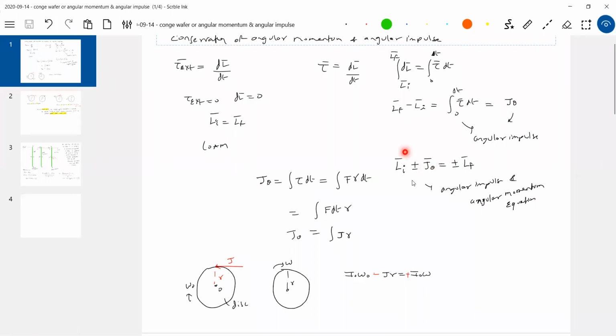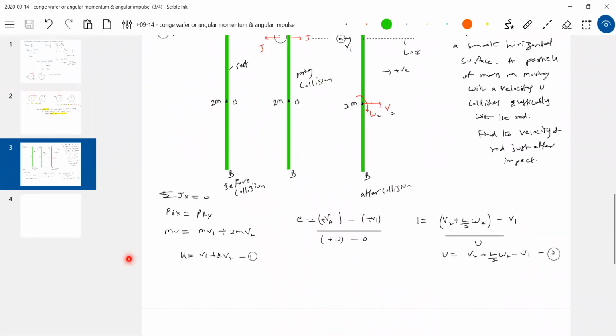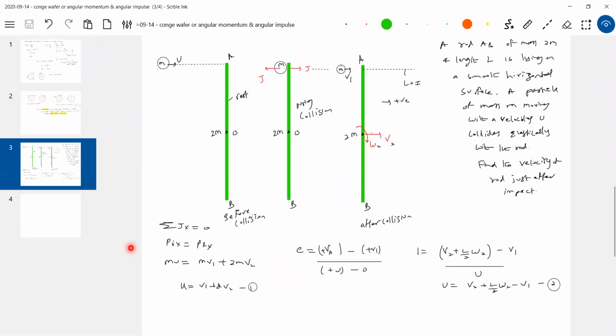If this angular impulse is 0, then initial angular momentum equals final angular momentum. So now about which point can you pick so that net angular impulse will be 0? Again, you should choose the axis. Whenever you write the angular impulse, angular momentum equation, what is the basic necessary condition? Where is the axis?